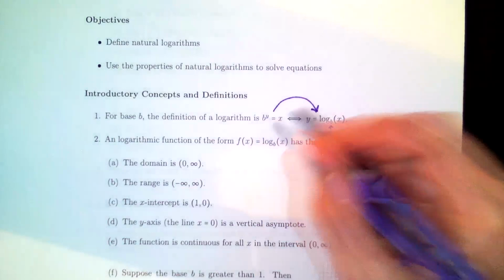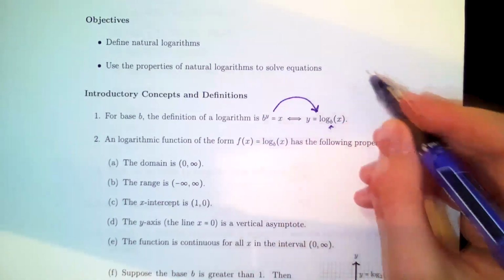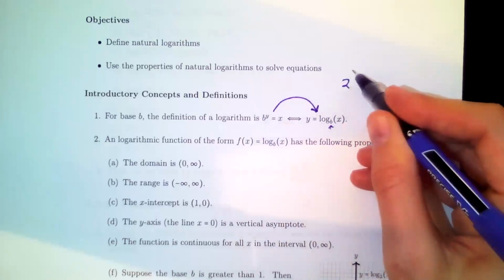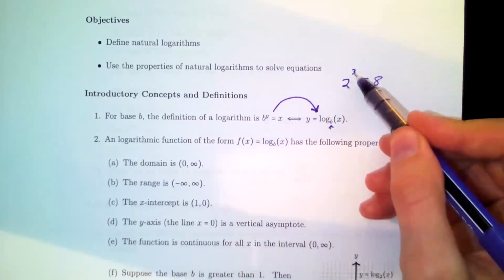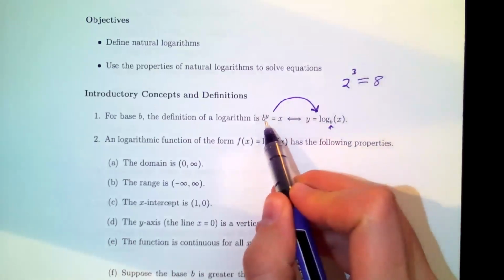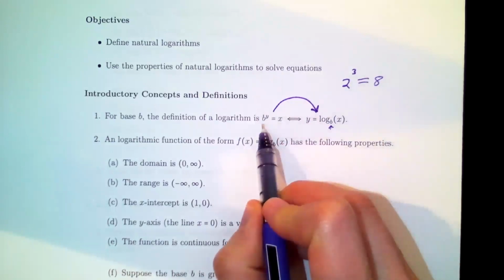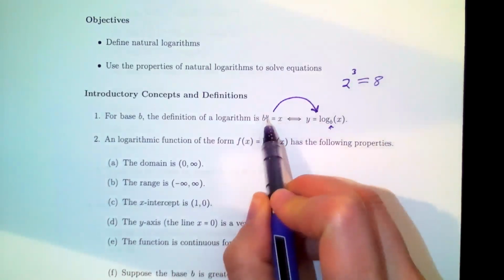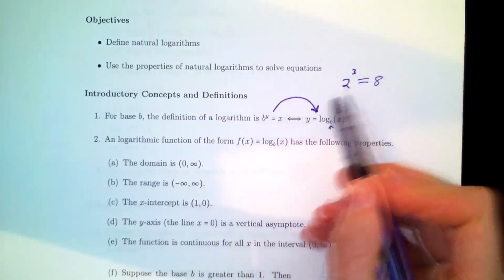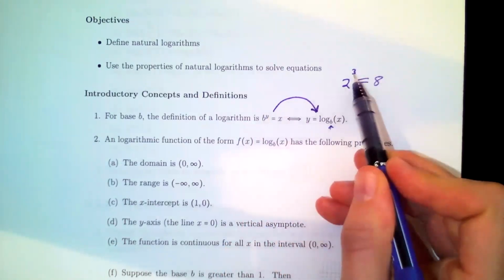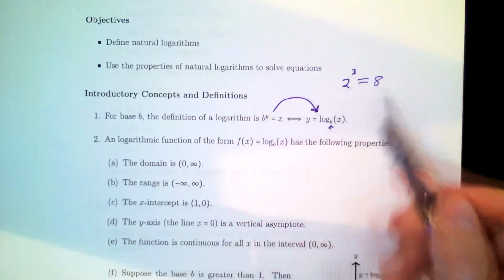Let's take a quick example of an exponential expression that makes sense. So we know that 2 cubed is equal to 8, right? 2 to the power 3 is 8. So if we compare this sentence, 2 to the 3 equals 8, to this formula, b to the y equals x, in my b spot is the number 2, in the y position is the number 3, and in the x position is 8.